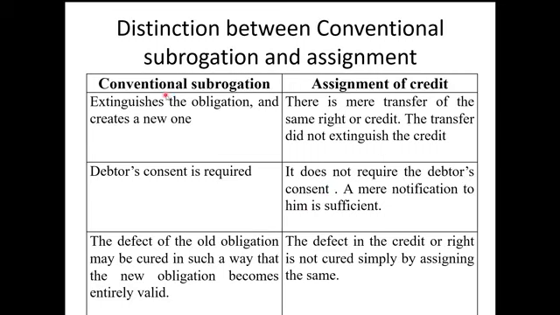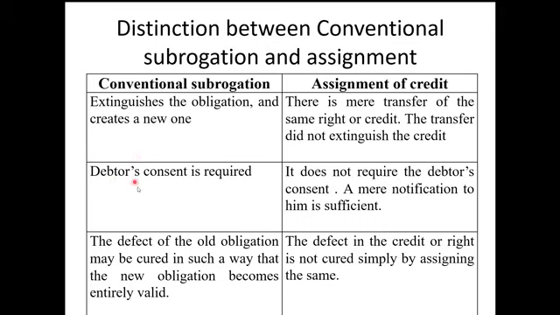Kaya mapapansin mo dito sa conventional subrogation, okay, ang unang distinction, nagkaroon ng extinguishment ng obligation. Kasi papalitan dito ng third person yung right ng creditor. Ito walang extinguishment, transfer of right lang. Pangalawa, sa conventional subrogation, kailangan may consent ng debtor.